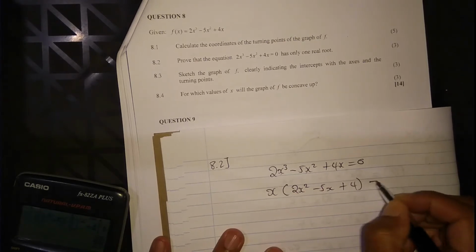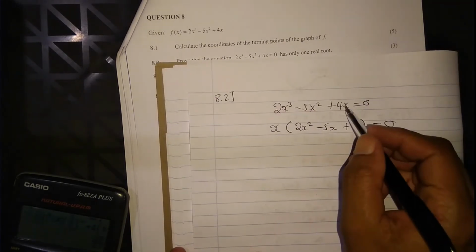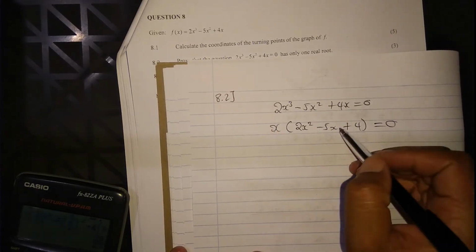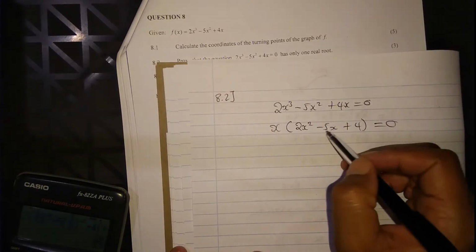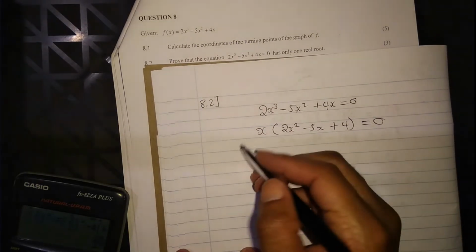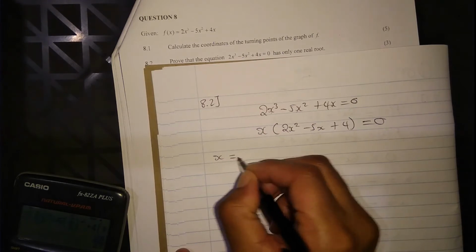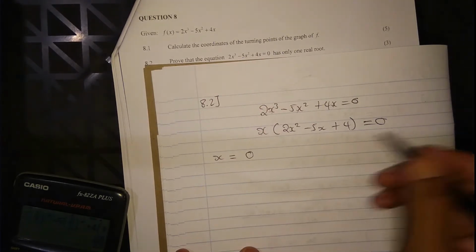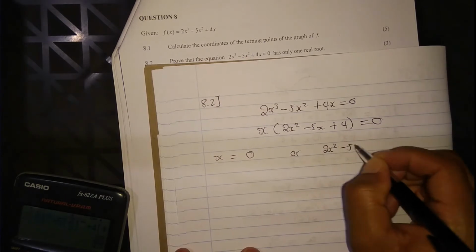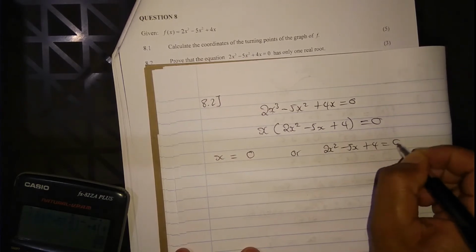The highest common factor is x. I'm taking out the x now, leaving 2x squared minus 5x plus 4. So therefore x is equal to 0, or 2x squared minus 5x plus 4 is equal to 0.